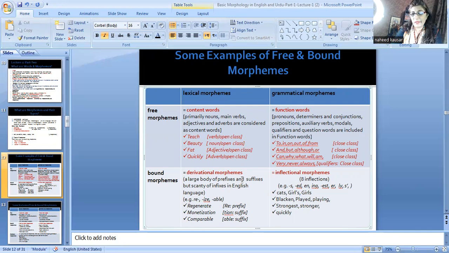You get my point? Here I have marked that bound morphemes are usually the prefixes and the suffixes, right? And there can be the infixes also, but in English, if we consider the vocabulary, we will see that there are rarely any examples of infixes.